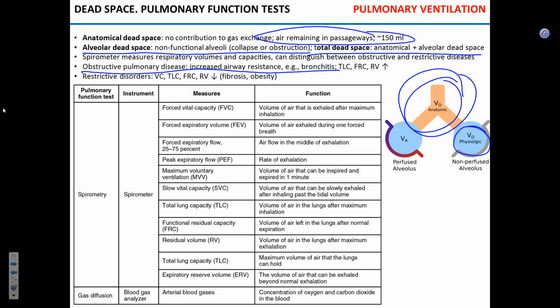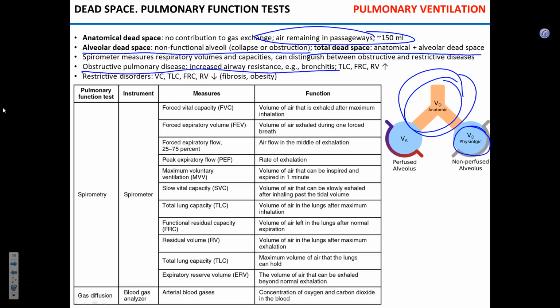So let me explain what we're looking at. Here's the deal. There are some measures that can be measured using spirometer. I'm not going to talk about capacities that much. I want to talk about this. Imagine somebody has an obstructive disease. Okay? Meaning that somebody is breathing through a straw, quote unquote. Are you with me?